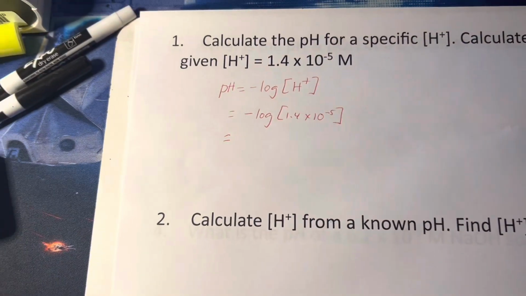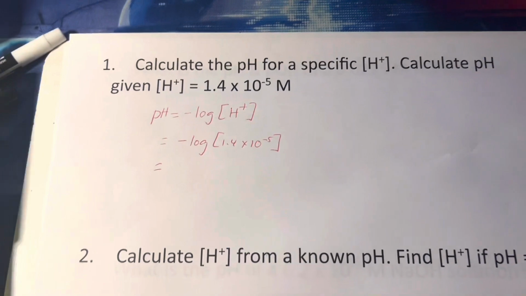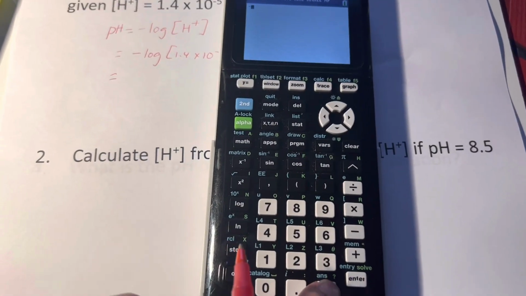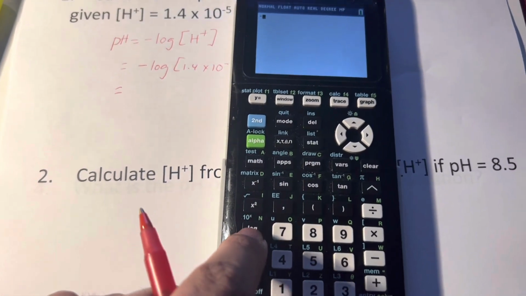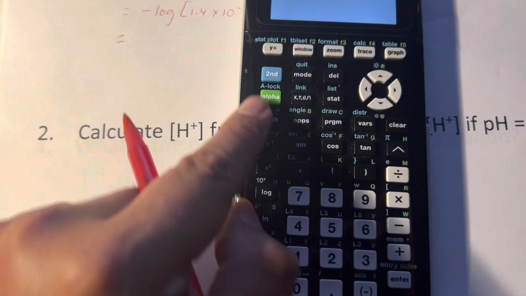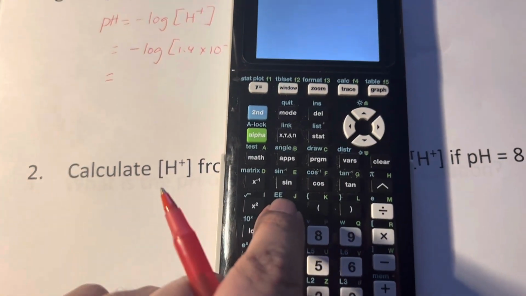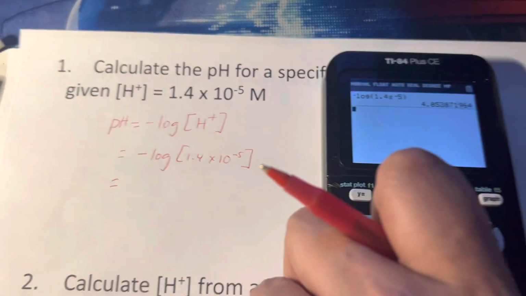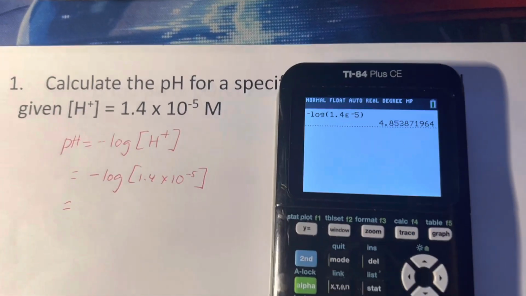When you put this in your calculator, push the log button, then 1.4, second, comma for the double E, negative 5, close parentheses. I end up with that number there.